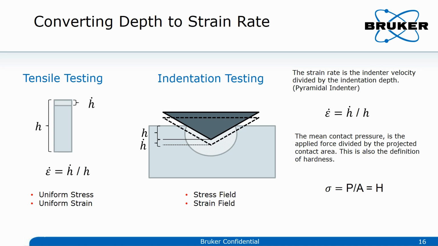The mean contact pressure under the indenter, which is the hardness reading, is the stress that we are applying. Using those two quantities, we are able to plot stress-strain behavior of the material.